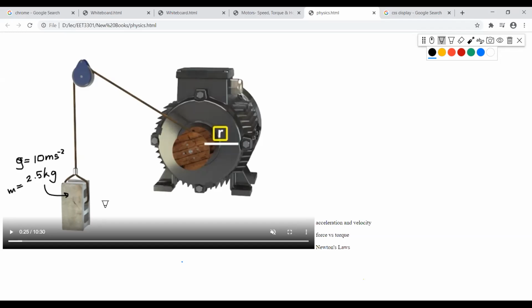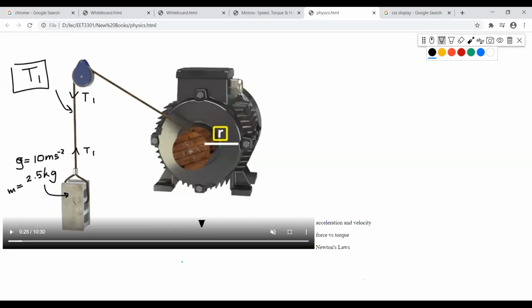Then what I need you to calculate is the tension of this rod here. So calculate T1 and send it in the message.